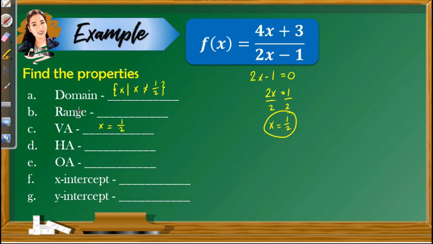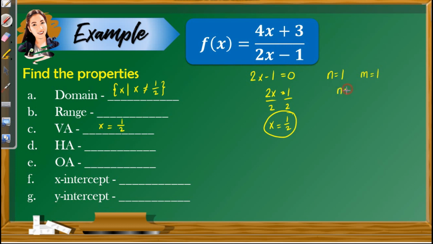For the range, we can find the range of this function by looking at the horizontal asymptote. Therefore, for the horizontal asymptote, remember to look at the degrees of the numerator and the denominator. For the numerator, since this is a linear function, we have a degree of 1. And the denominator is also a linear function, so we have the same degree.